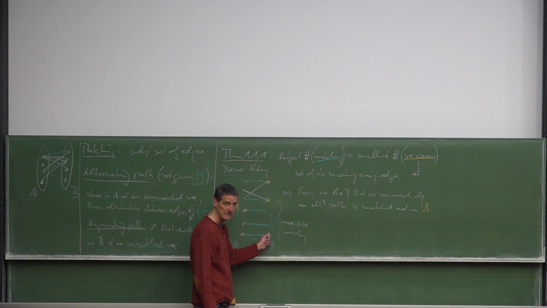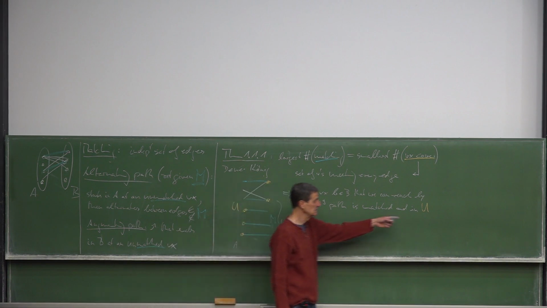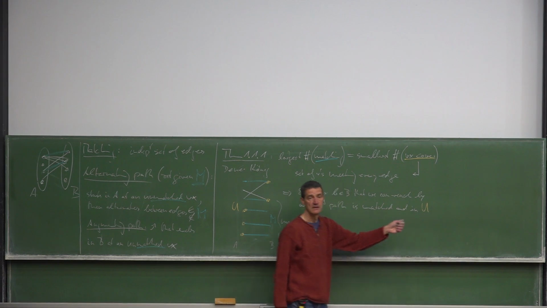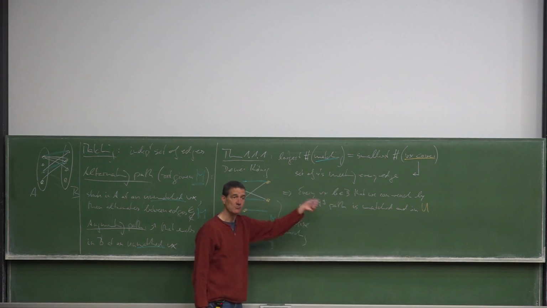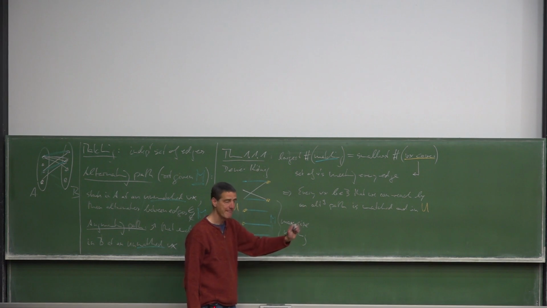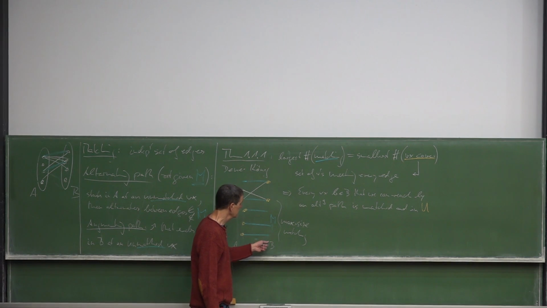Once more, any U that works has to pick exactly one vertex from every matching edge, and that's all. And we know that for a matching edge such that the right-hand vertex is the last vertex of any alternating path, that has to be in U.